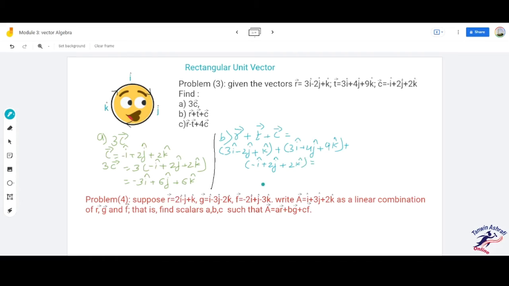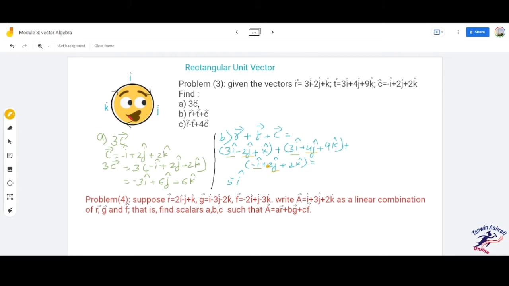Now if I add every i cap, j cap and k cap like this, 3i plus 3i minus i, 3 plus 3 is 6, minus 1 is 5. So we had a result as 5i cap. Similarly, 2j minus 2j plus 4j plus 2j.